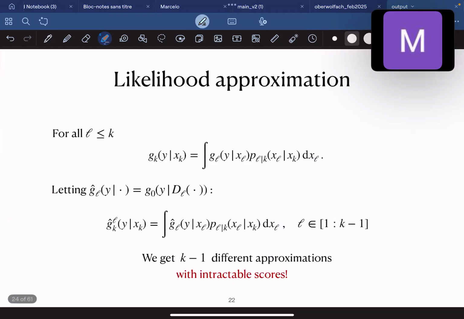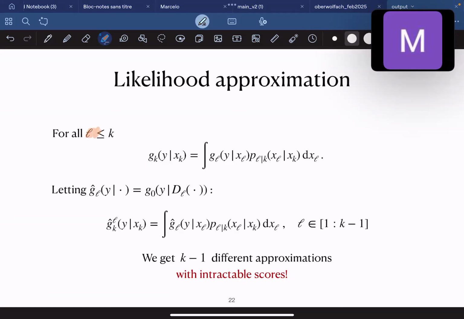The second observation is that in DPS, I use one expression for g_k, whereas if you play a bit with the expression of the g_k, you can come up with another expression for g_k as an integral.